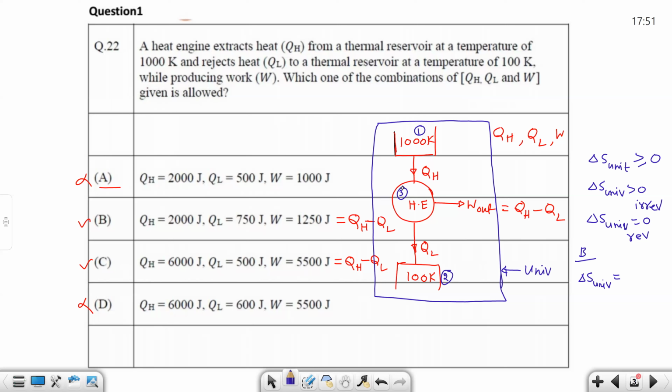There are 3 systems inside the universe. One is reservoir 1, the high temperature thermal reservoir. Reservoir 2 is the low temperature thermal reservoir, and the heat engine. And now the entropy change of the universe will be equal to entropy change of system 1, system 2 plus system 3.